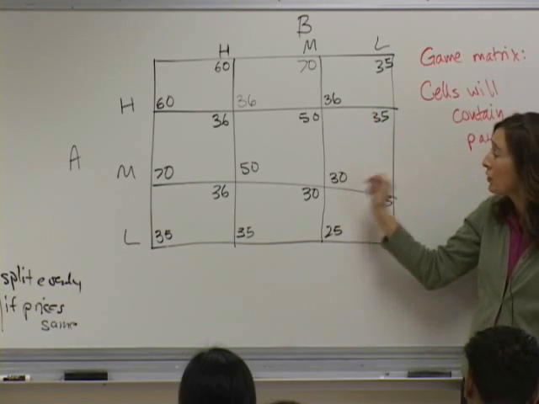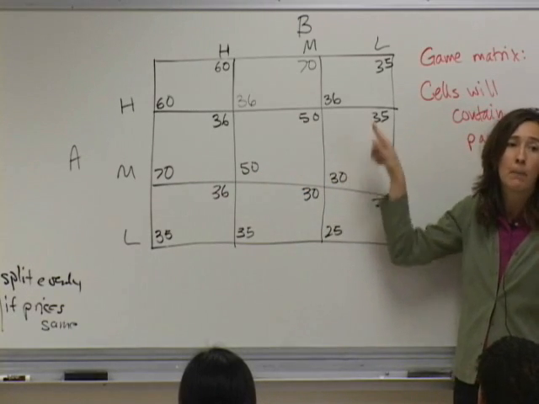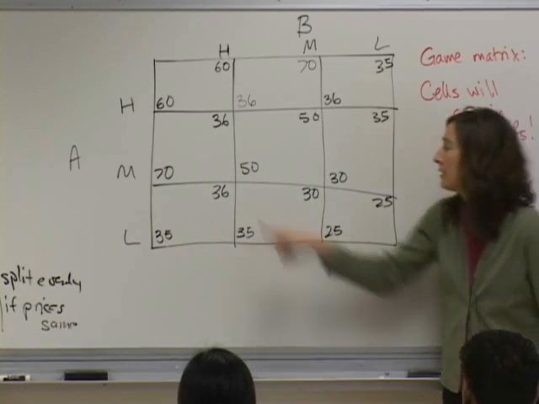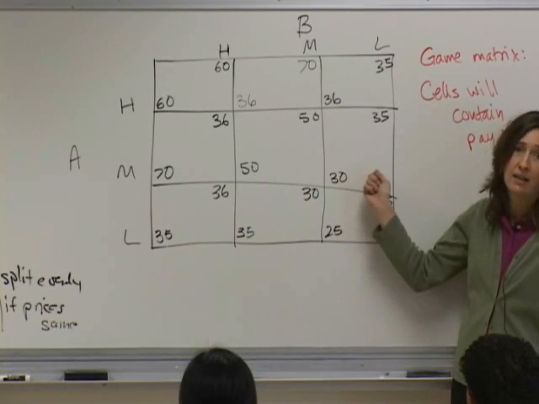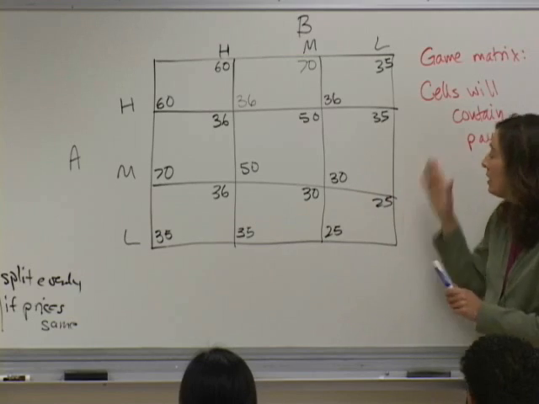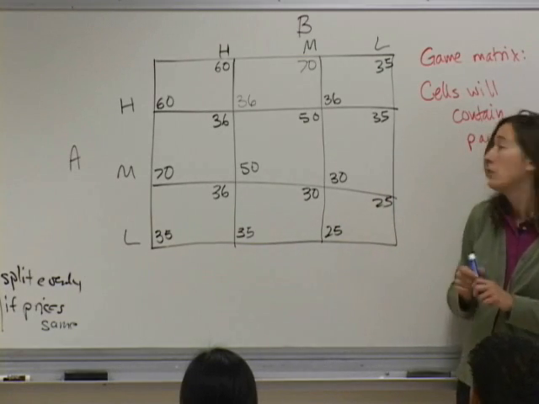For it to be a dominant strategy, this row would have to have the highest number in every column. It's got the highest number in this column, the highest number in that column, but not the highest number in this one. So not a dominant strategy. Low, also not a dominant strategy.